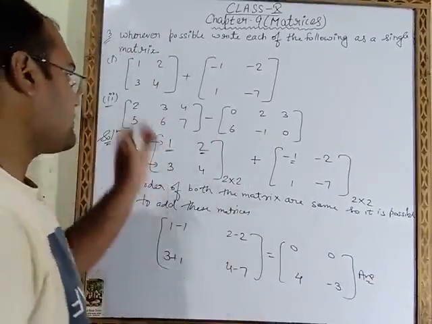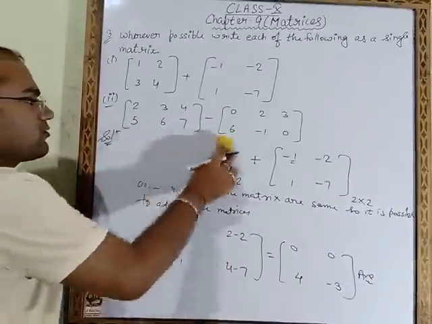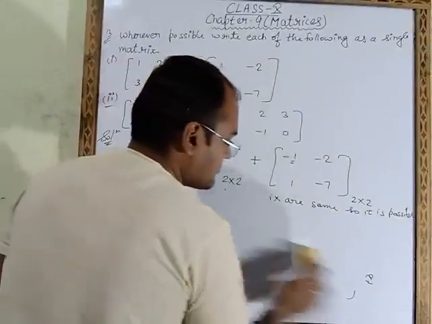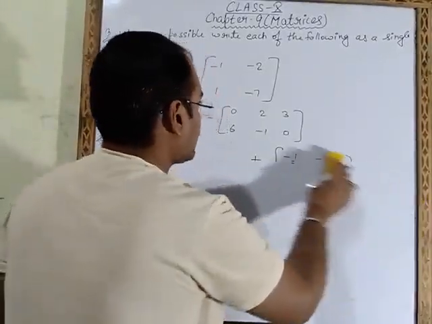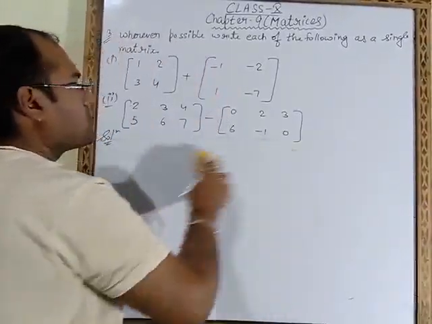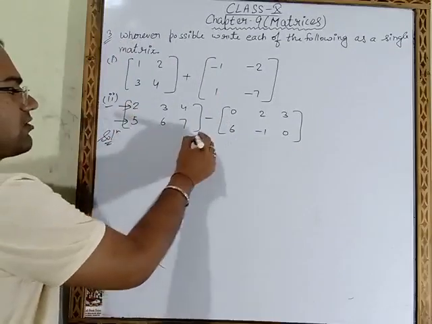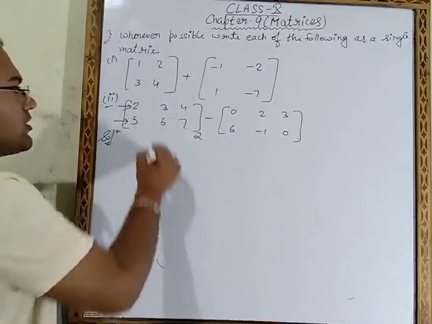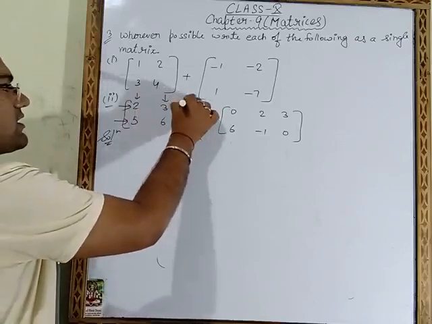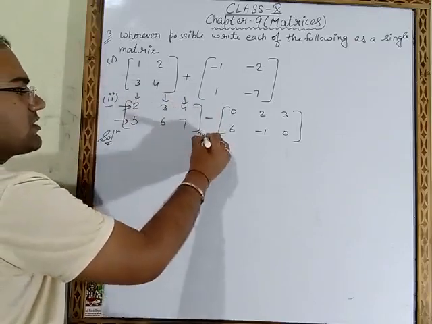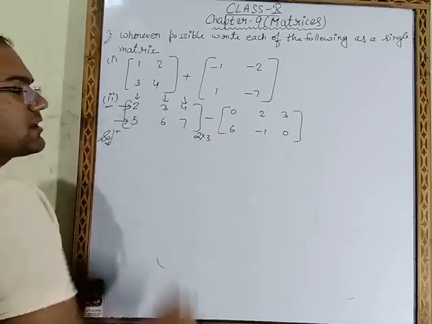So now see the next part, part number 2. This is the first row, this is the second row. So how many rows are there? 2. Now columns, first, second, third, 3 columns are there. So the order of this matrix is 2 by 3.